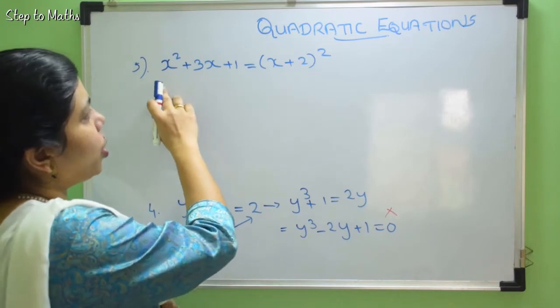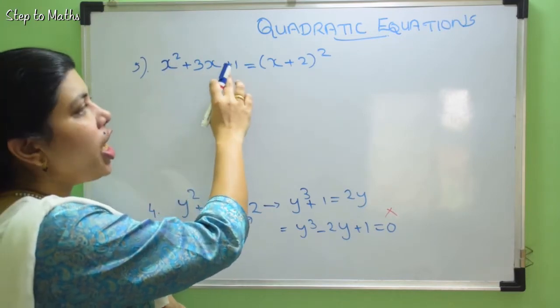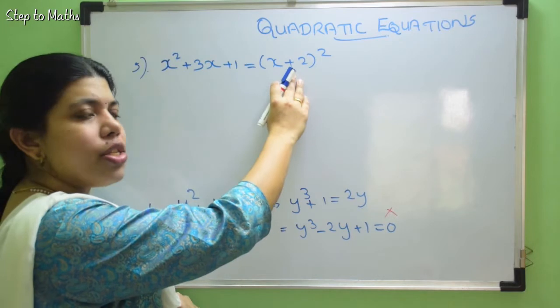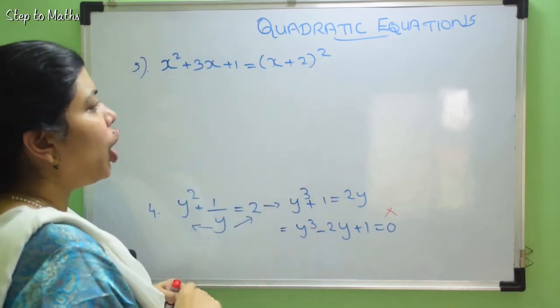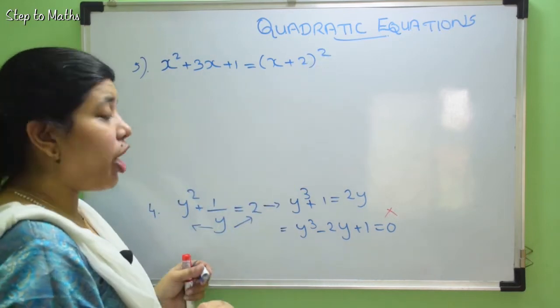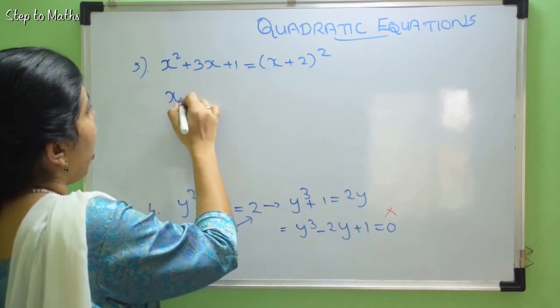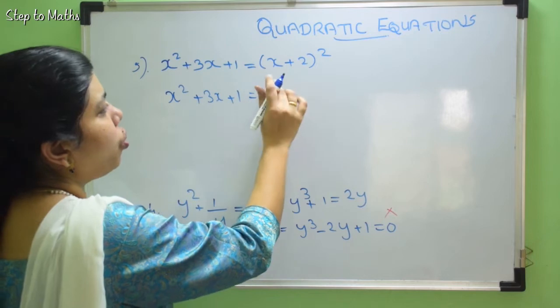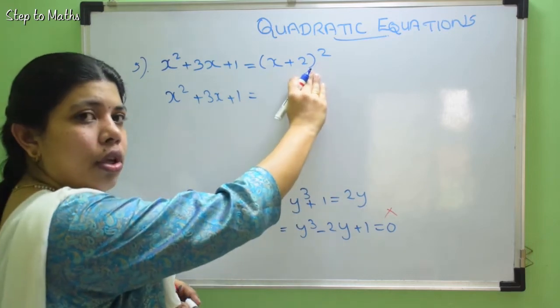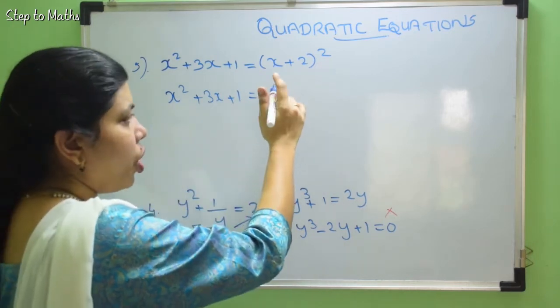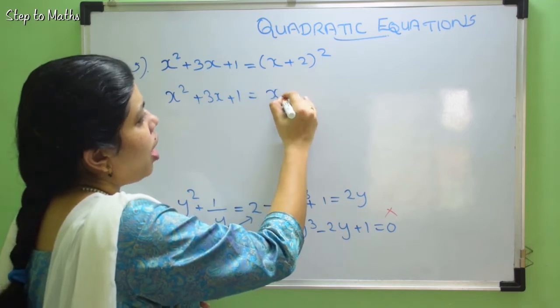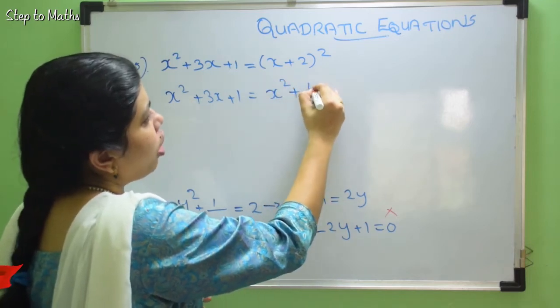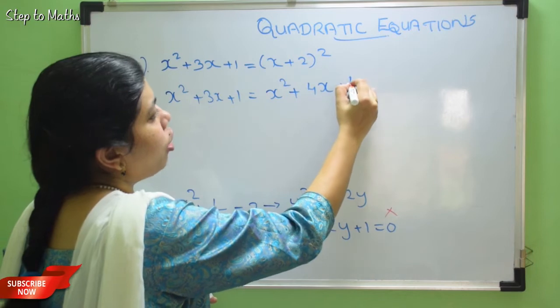Consider this equation: x square plus 3x plus 1 is equal to x plus 2 whole square. If we rearrange it into a general form, x square plus 3x plus 1 equal to, expand this using the expansion formula, x square plus 4x plus 4.